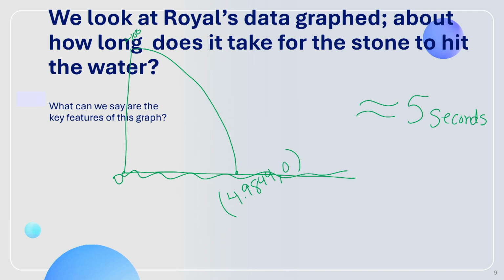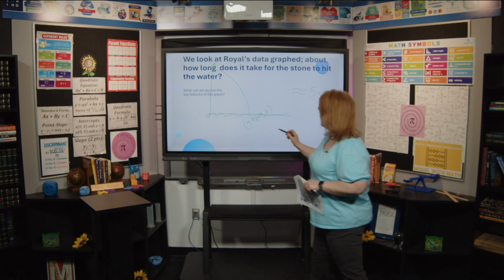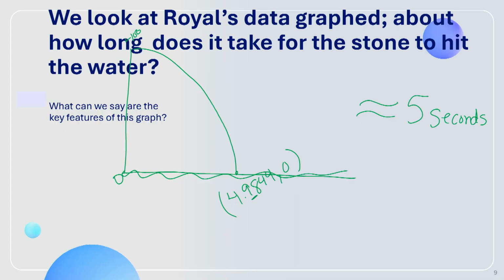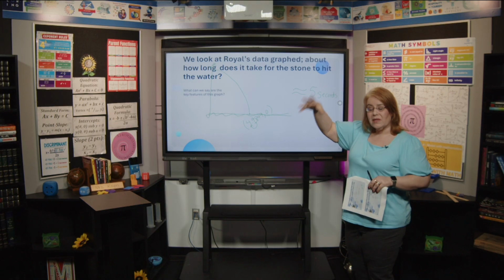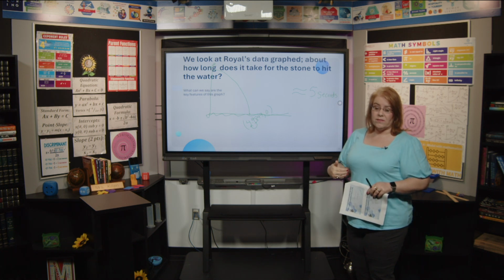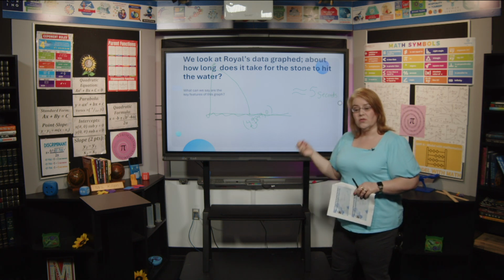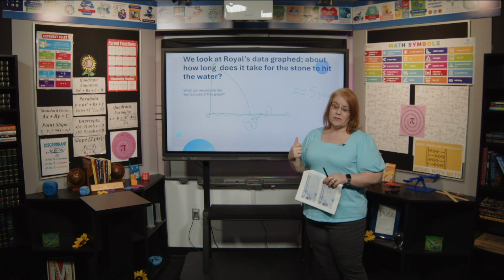It was 4.9844 and some more change. Well, if you remember, this number right here is going to make that 4 round up to 5. So I can say it's approximately going to take 5 seconds for when Royal releases that stone and it hits the water. So that's how we're using these quadratics, and we're using our approximately symbol.